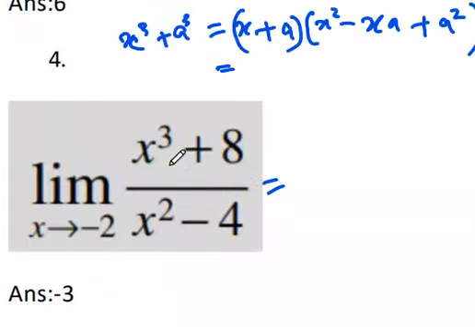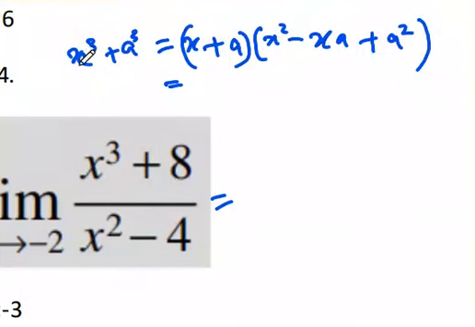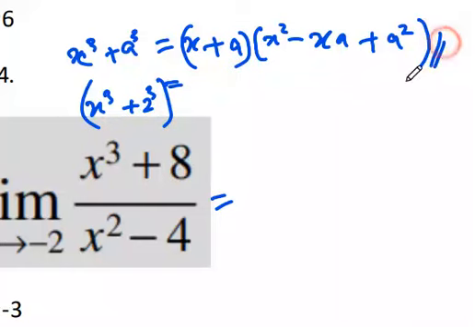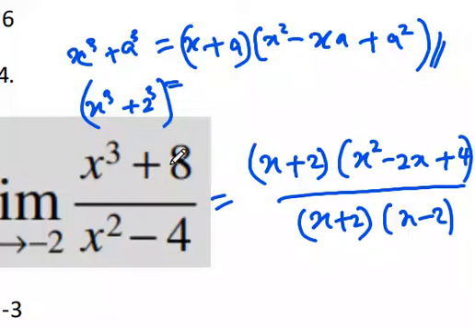When you consider the numerator function, x cubed plus 8, and 8 is equal to 2 to the power 3, so you can factor this numerator as x plus 2 times (x squared minus 2x plus 4).